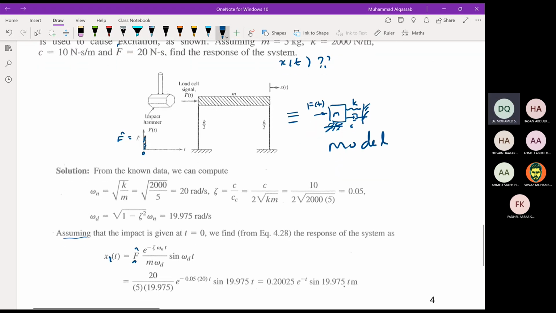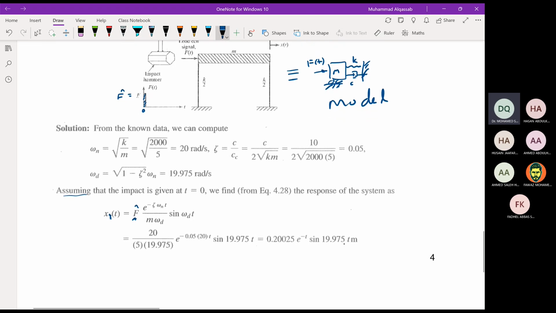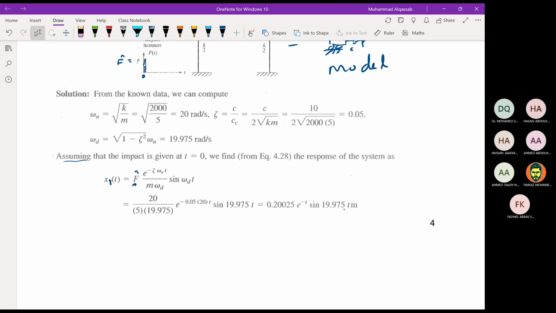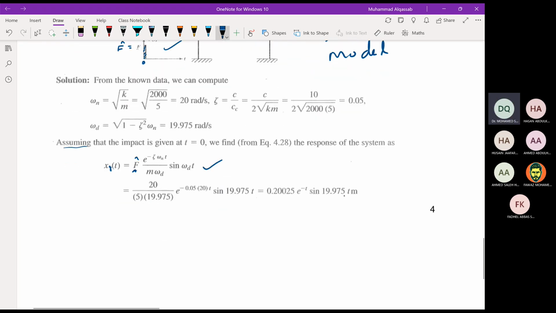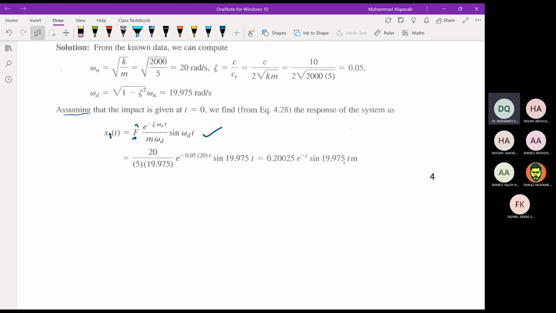And we find that zeta is less than 1, so this is underdamped. Okay, and the response will be f hat times h of t, which is this equation. The impulse started at t equal to 0. It's given in the problem. So a sketch of this, due to this impulse, is going to oscillate.